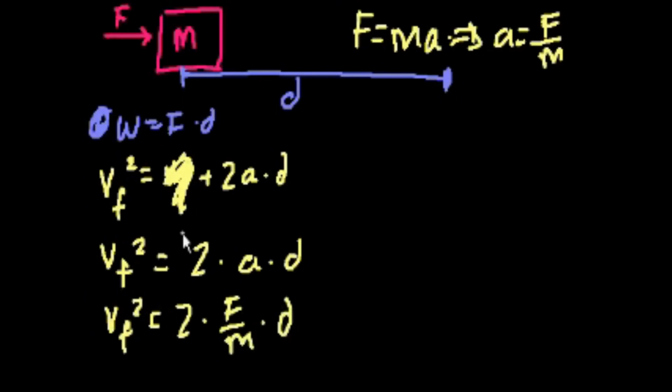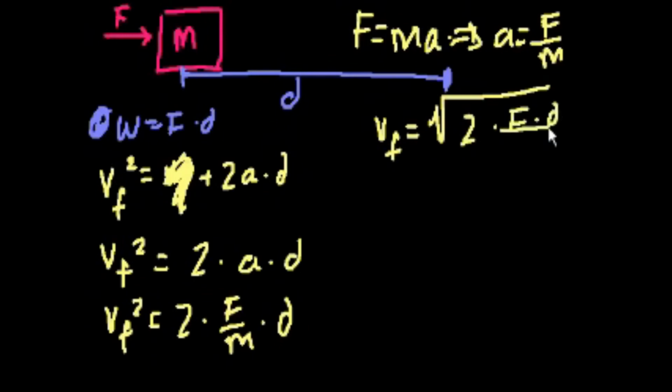And then we could take the square root of both sides if we want, and we get the final velocity of this block at this point is going to be equal to the square root of 2 times force times distance divided by mass. And so that's how we could figure it out.